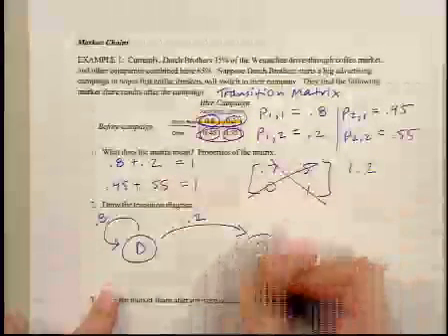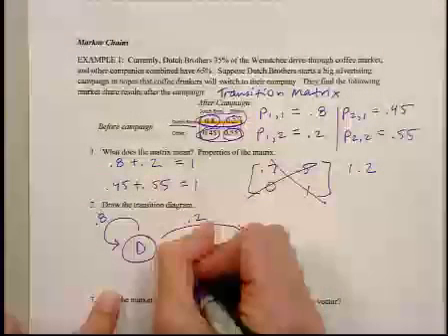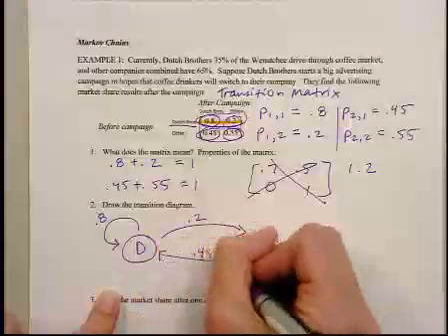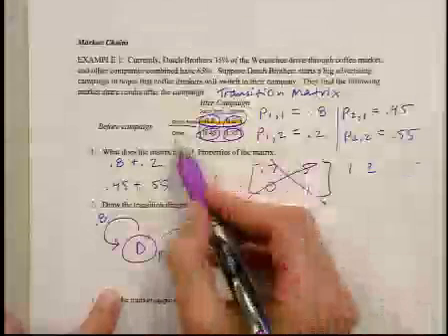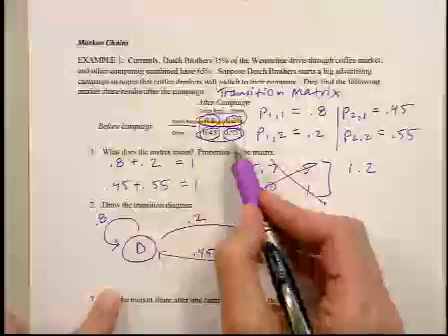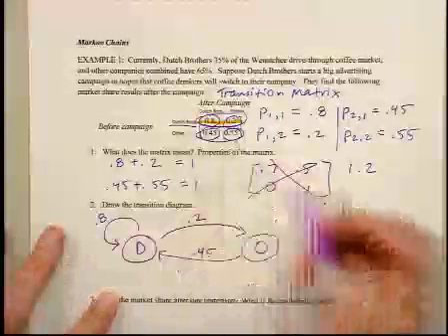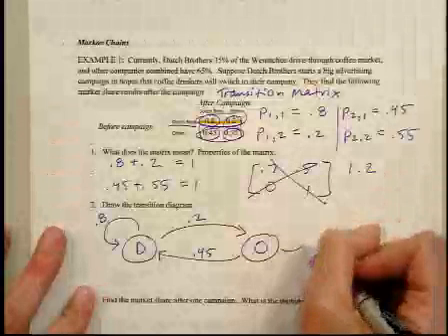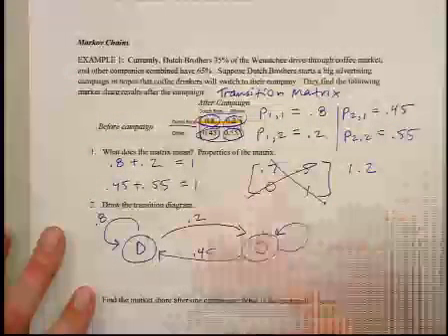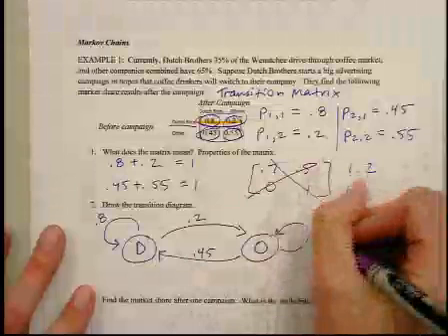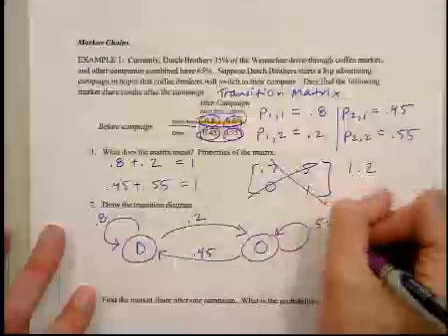So if we started in other, 0.45 of those are going to go to Dutch Brothers next. And again, of the other group, the other 0.55 or 55%, if they started in the other group, they're going to go right back to something other than Dutch Brothers to get their coffee the next time, 0.55.